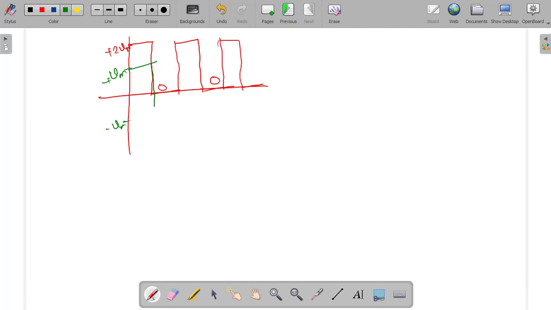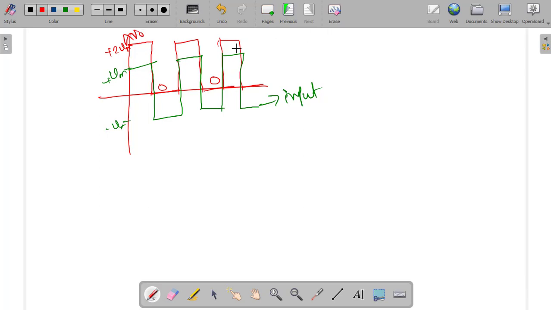If you observe, the shape of the waveform doesn't change. Only it is shifted. There is no change of the waveform. This is your input, and the red one is your output. The output will be like this.